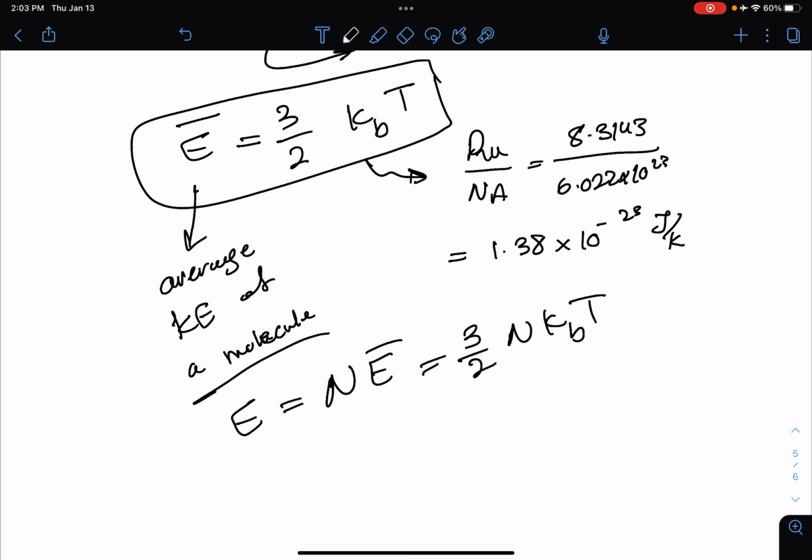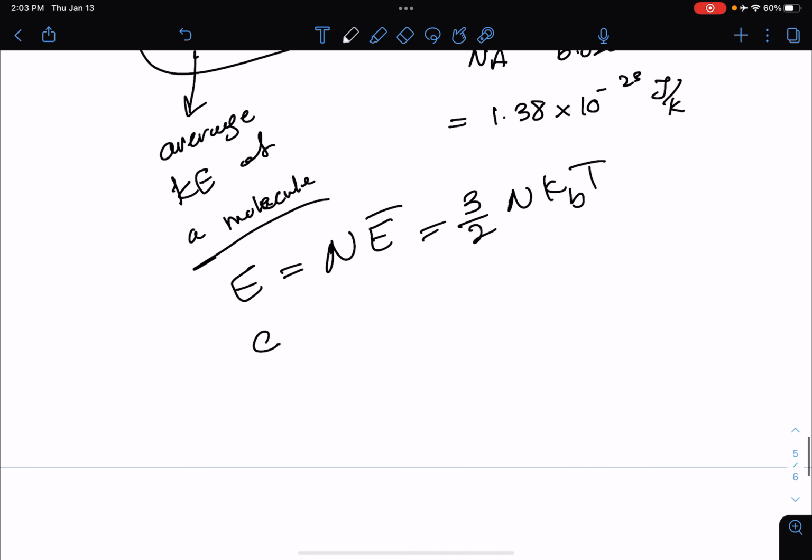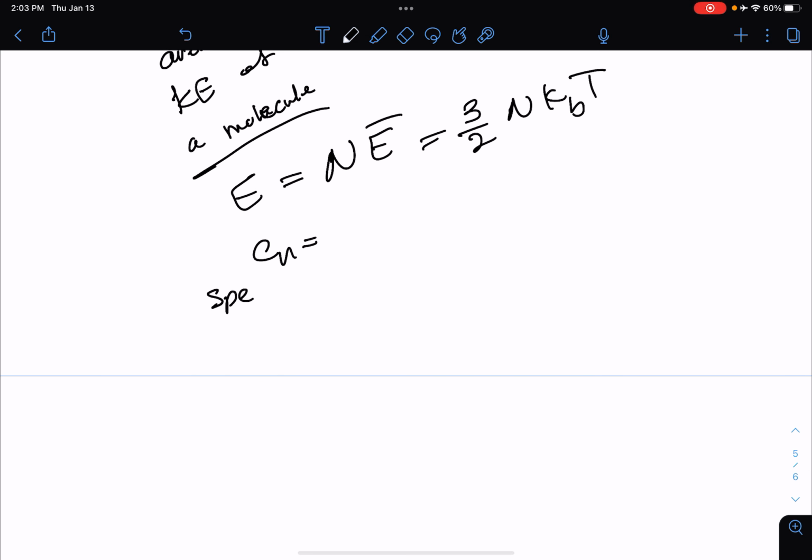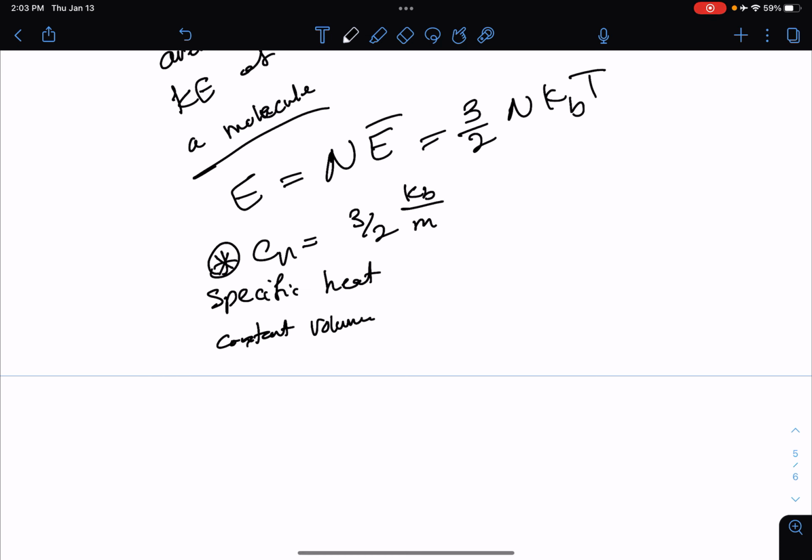We can also, if we massage this a little bit, find a specific heat at constant volume. From the kinetic energy, it's going to be 3/2 Boltzmann constant divided by M. Just have this as a side note.